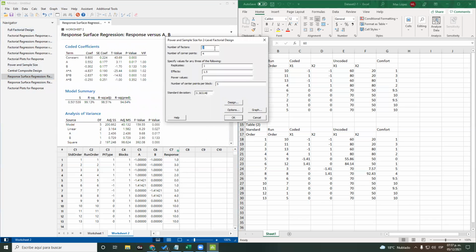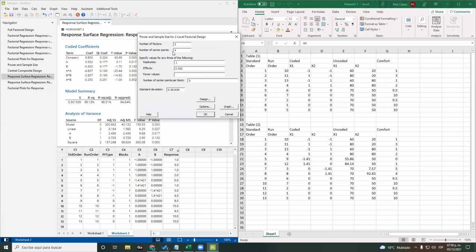Okay, so the same, we have two factors, corner points, one replication. The lowest significant effect is 0.5 with factor A, and our standard deviation is 0.5039.